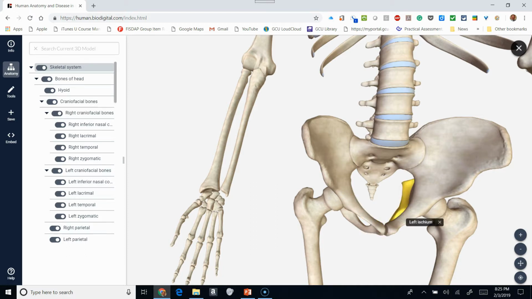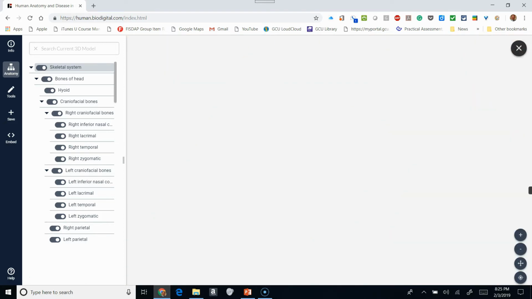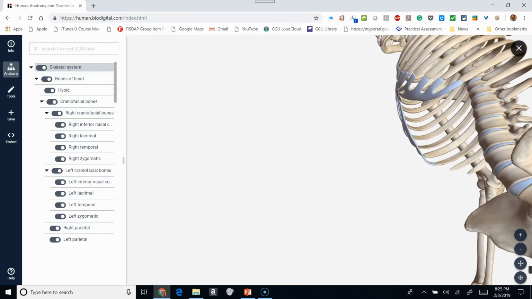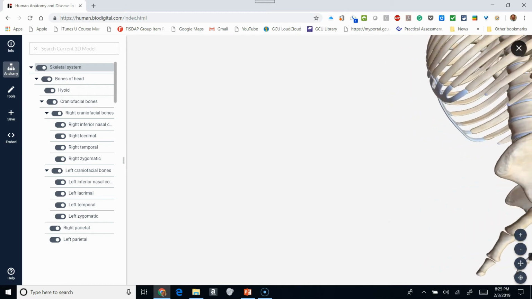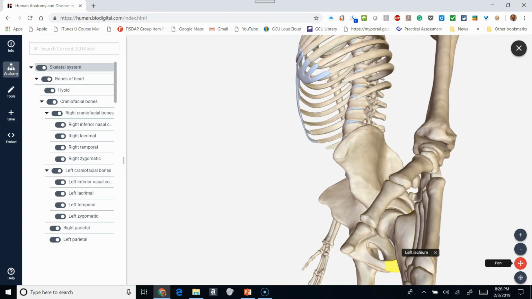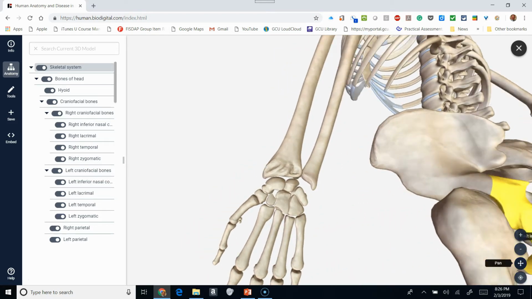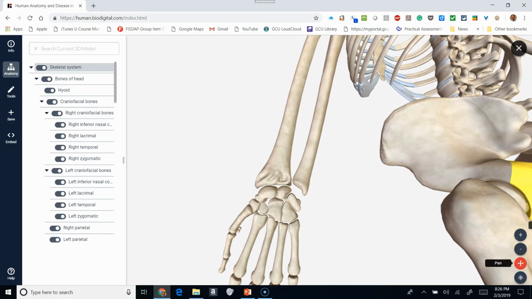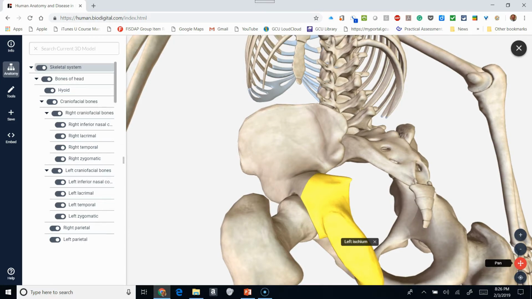Okay, and then your ischium is actually sitting, okay, so our ischium, move them over. Okay, so you can see here, here's where that ischium is. So it's going to be right underneath, or it's actually going to be more towards the backside.